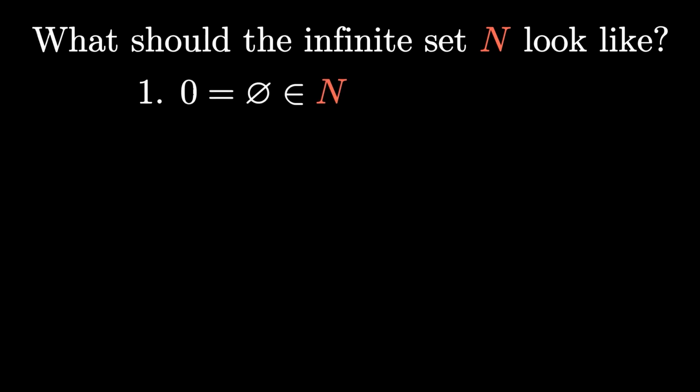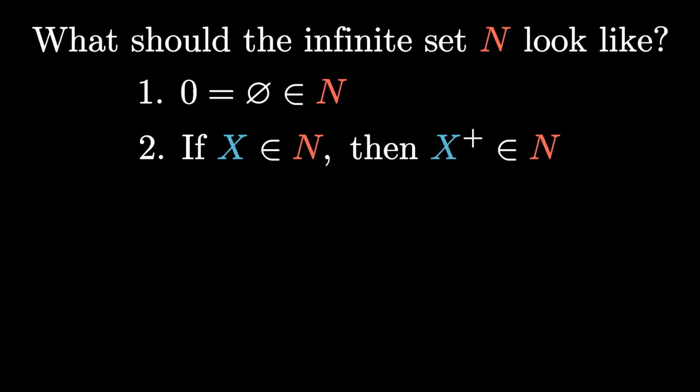First, as an analogy to our base case, we suppose that this infinite set, whatever it may be, must contain 0. Again, it's the empty set. Then, like the induction step, we say that for any set that is an element of this set, its successor must also be in this set. Now, clearly then, this set must be infinite.